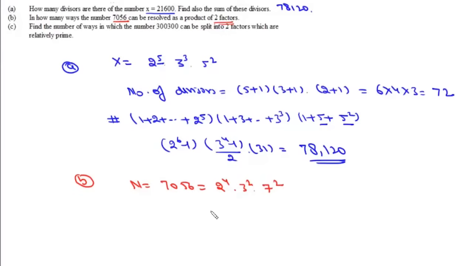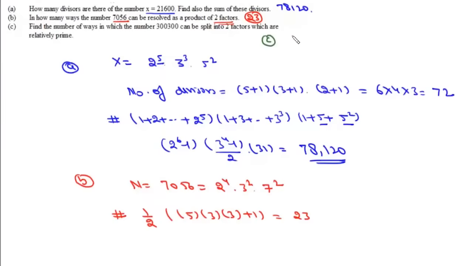Now since this n is a perfect square, the number of ways in which we can resolve this number into a product of 2 factors will be given by 1 by 2 into, now a plus 1 is 5, b plus 1 is 3, c plus 1 is 3, and then plus 1. So it will be 45 plus 1, 46, 46 divided by 2 is 23. There will be 23 ways in which we can resolve them as a product of 2 factors.